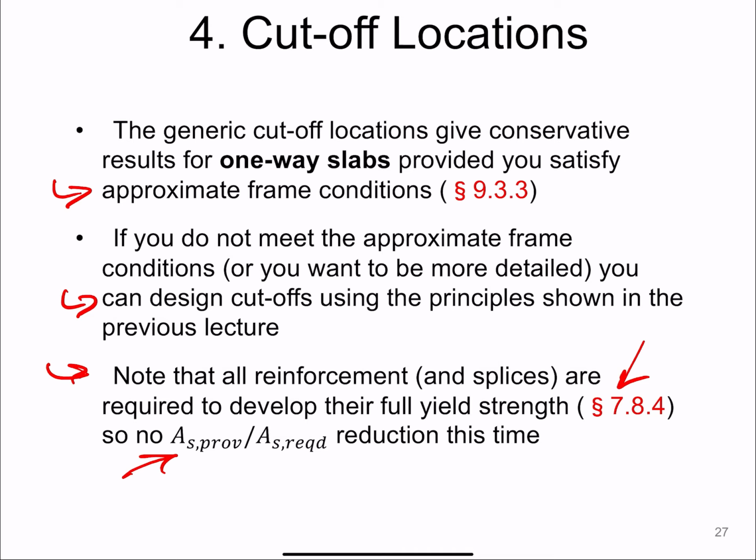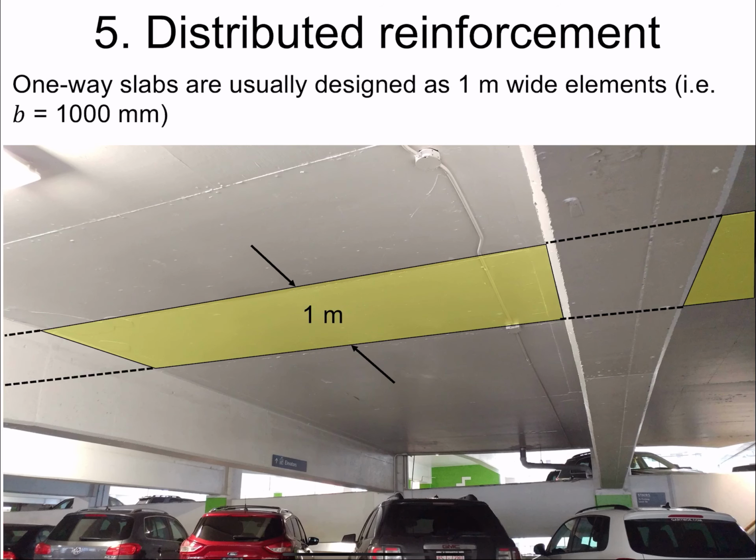If you remember, we were allowed to reduce our development length if we had more steel than needed, but in this case, as we want the steel to yield, there is not going to be such reduction. So how do we define our steel? Usually our one-way slabs are going to be designed as 1 meter wide elements, so b is equal to 1,000 mils.